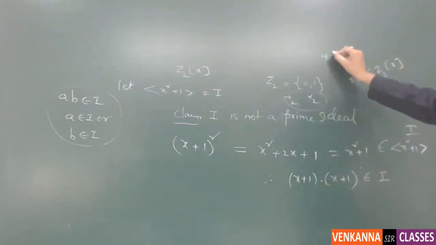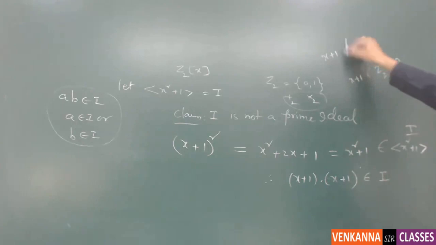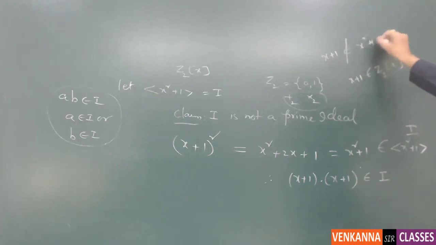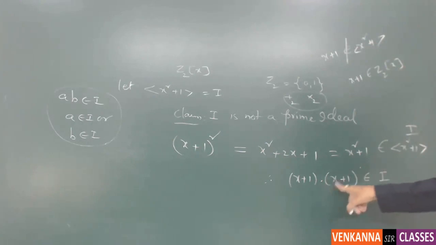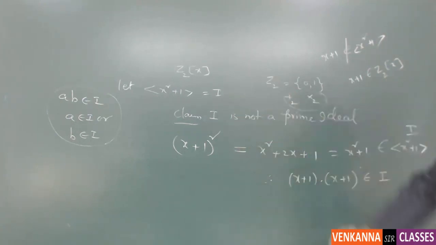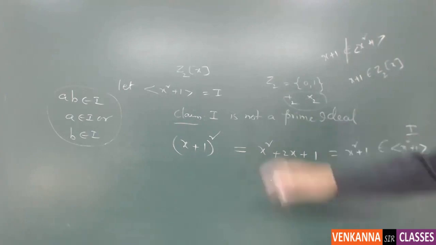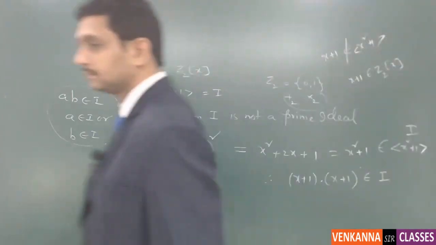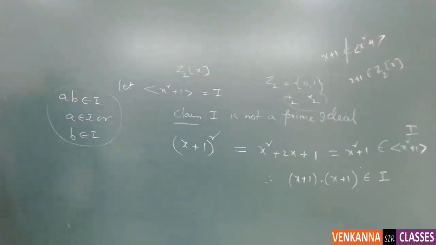So x plus 1 definitely does not belong to the ideal generated by x square plus 1. So the elements are not belonging to the set, but the product is belonging to the set. So it is totally against the definition of prime ideal. Therefore, this is not a prime ideal. Okay?